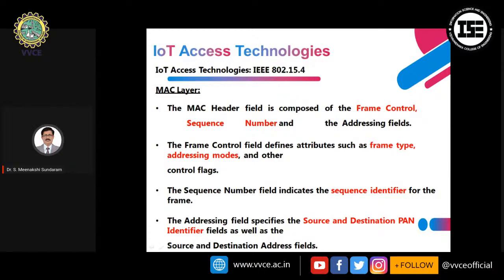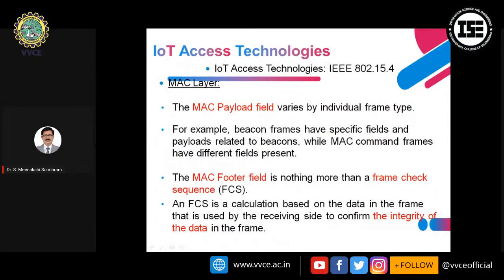Similarly, the sequence number field indicates the sequence identifier, and the addressing field specifies the source and destination PAN identifier, where we are able to identify the source and destination address fields. At the MAC layer, the MAC payload field varies with the individual frame type.